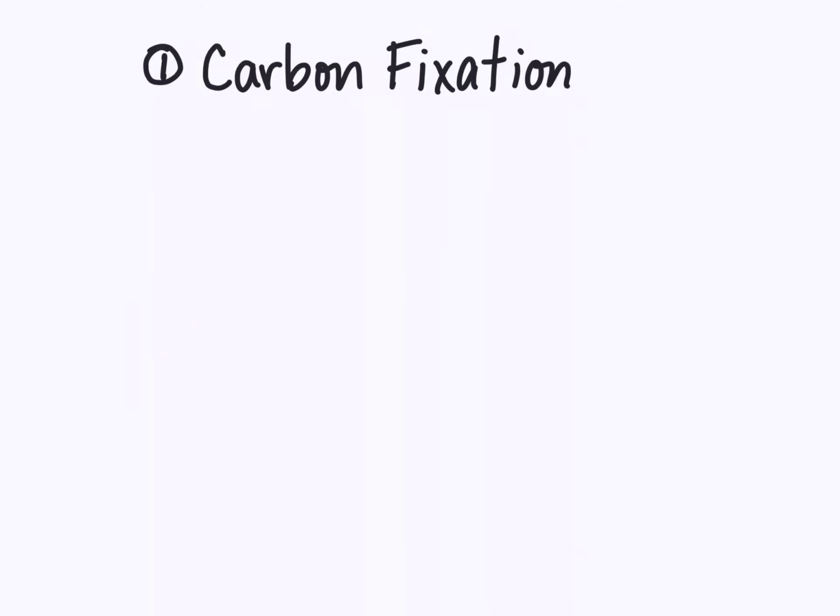At the beginning of the Calvin cycle, we have the reactions of carbon fixation. And what happens during carbon fixation is that a 5-carbon molecule known as RUBP combines with carbon dioxide, which has one carbon atom in it. In doing so, it forms a 6-carbon molecule.